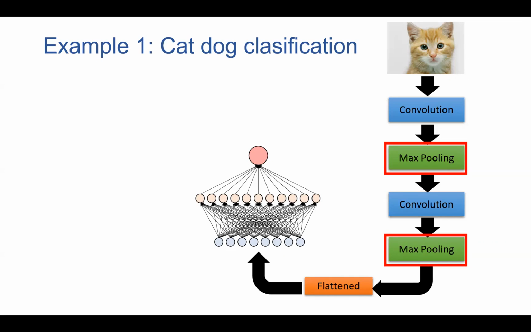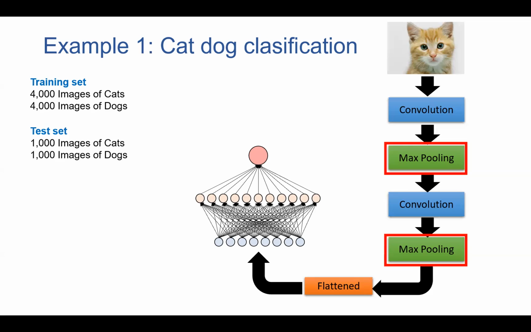Okay. So we're going to have a data set that has 8,000 images of cats and dogs, divided really nicely. Someone has done the processing on this data set, separating 4,000 images of cats from 4,000 images of dogs.